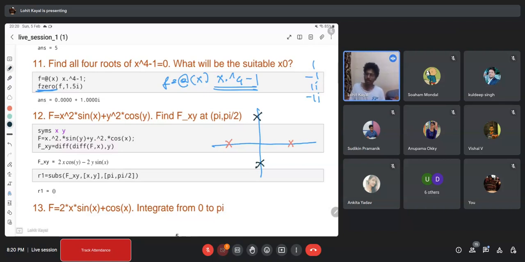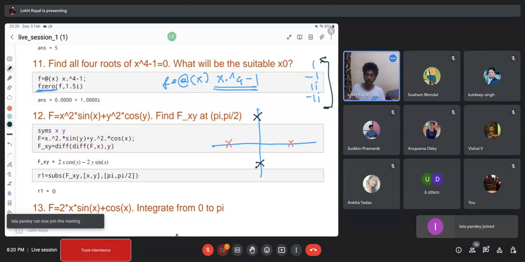You have to provide some initial guess, 0, 1, 2, 1.5, 2.5, anything. Now one interesting thing about fzero is that it will only give you a single root. We know from the theoretical solution that it has 4 roots, but here it will give you only a single root.